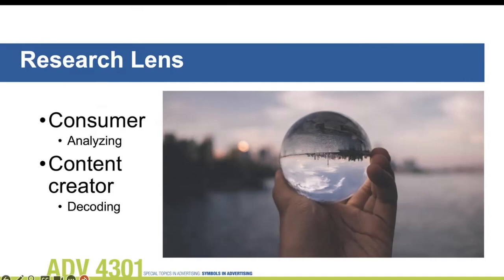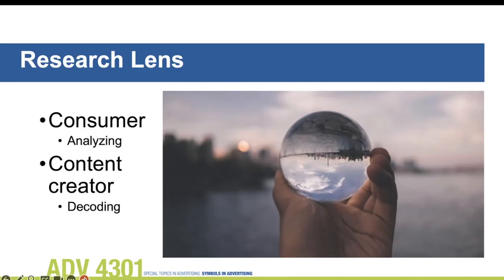This should be a part of a subconscious act for everything you see and hear. Analyzing content through your own personal worldview, experiences, culture is critical thinking. Now, not taking things at face value, but diving deeper to see in between the lines of the images and the actual text. If you are the content creator, your lens is different.